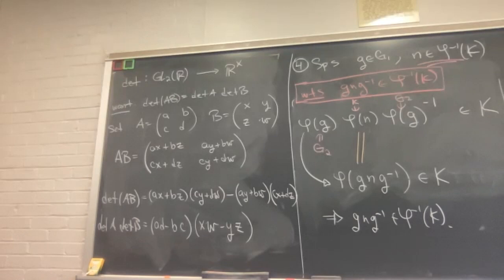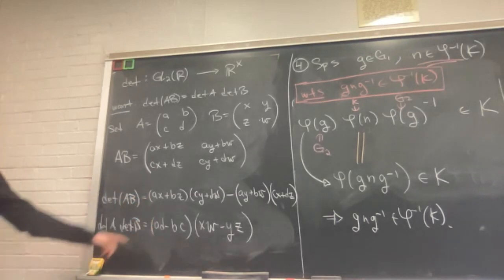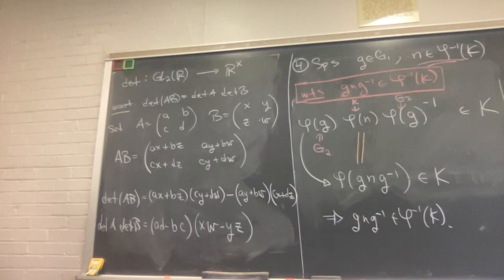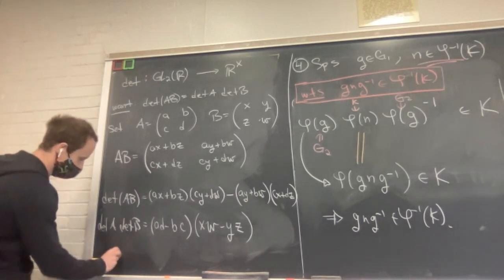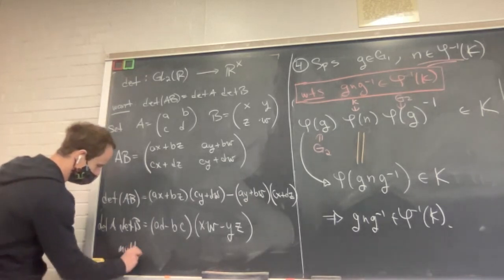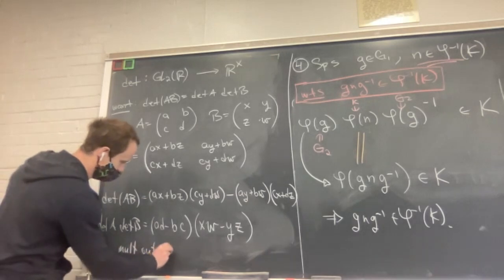And then, what do you do from here? Essentially, you just multiply this out and show that it's the same as what you get when you multiply that out. So just multiply both out and compare. That's all you have to do. It's just pushing symbols around, so I'm not going to do that.